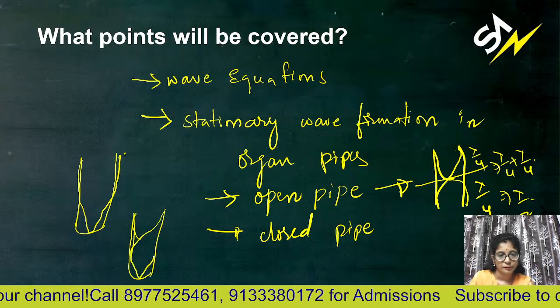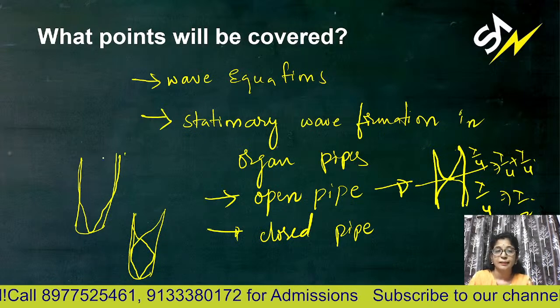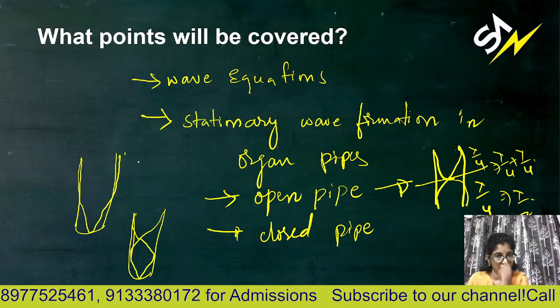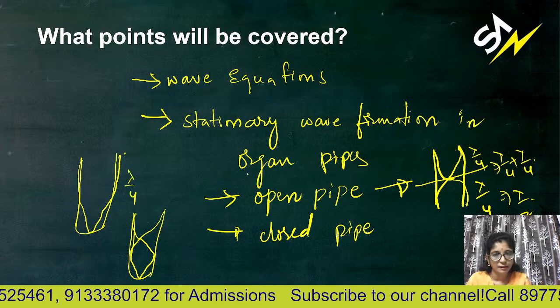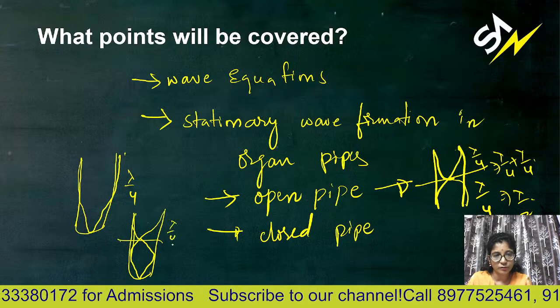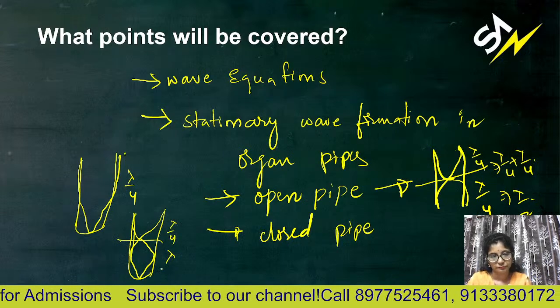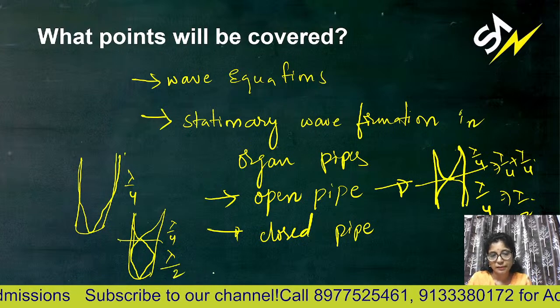What will be the length of this? This is lambda by 4, node to antinode. And here it is lambda by 4, and this will be lambda by 2. So what will be the total length?